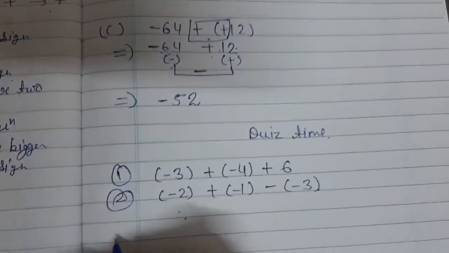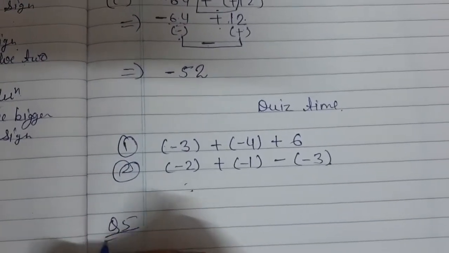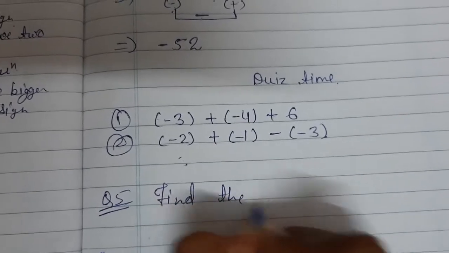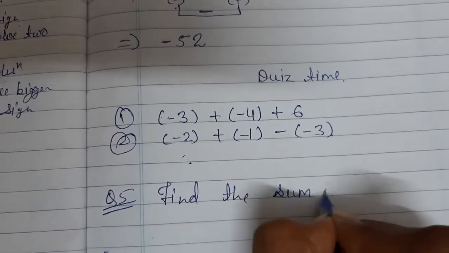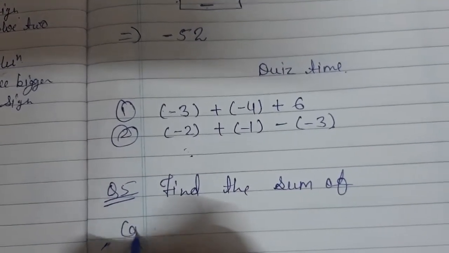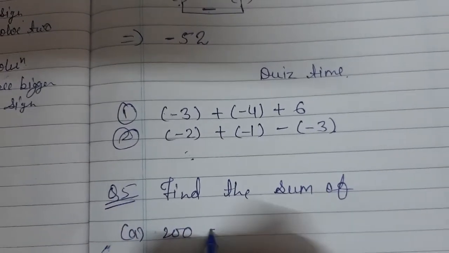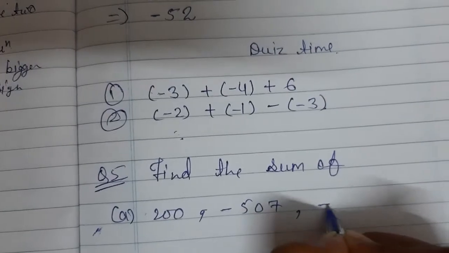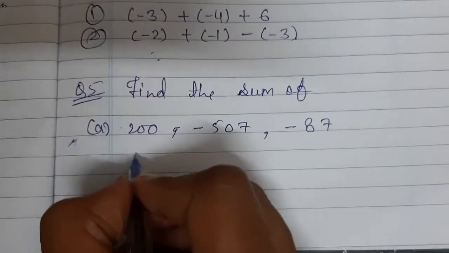Now question number 5 I am explaining you. Find the sum of 200 comma minus 507 comma minus 87. How can you do the sum of these numbers?